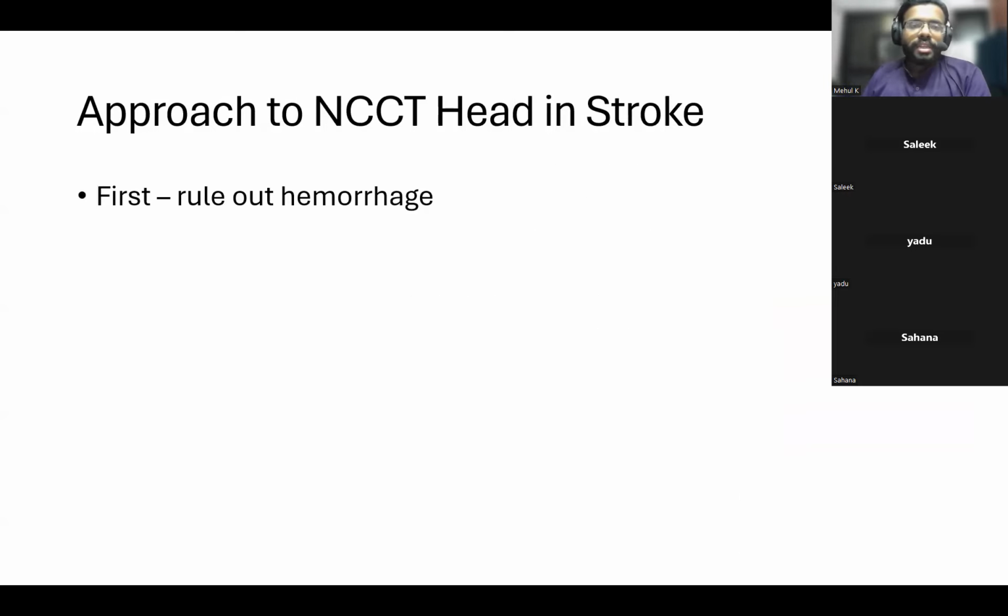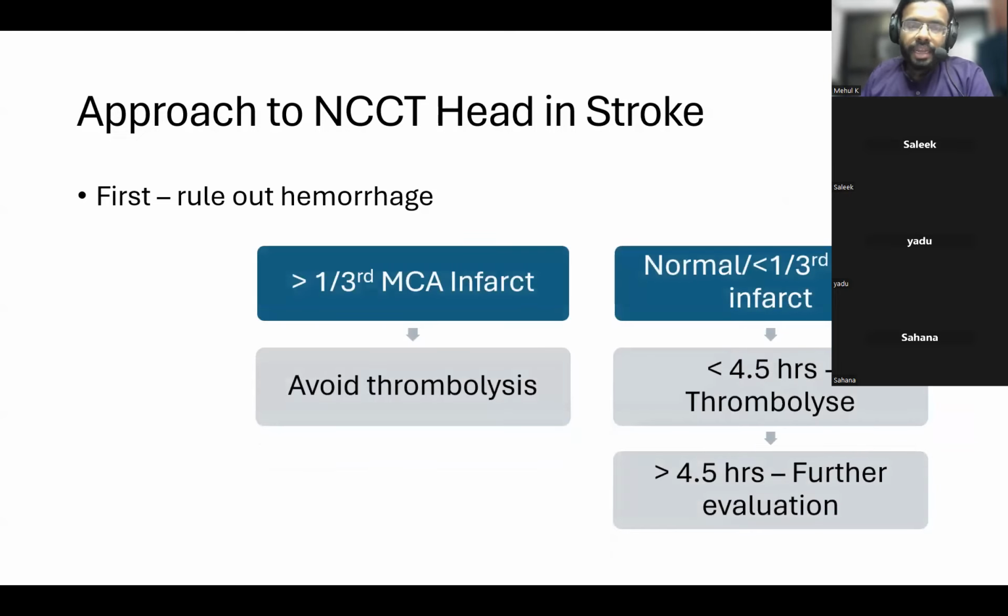So again, on NCCT head, first and foremost, always rule out hemorrhage. Once we have ruled out hemorrhage, then we will see if more than 1/3 of the entire MCA area, not just your ASPECT area, your entire MCA area, is involved, infarcted.